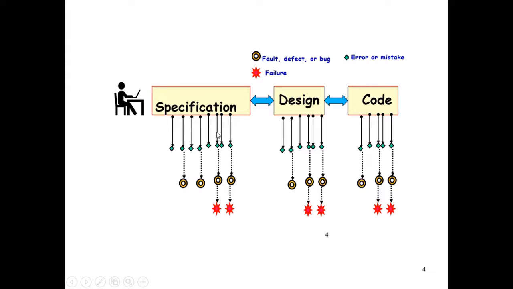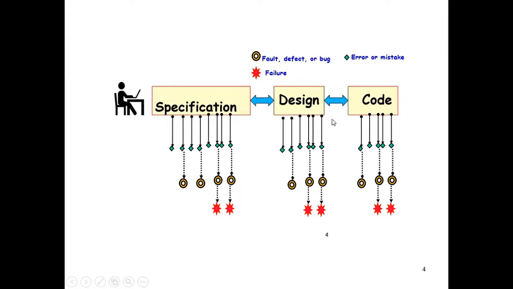Once the error has been inherent in the specification document, it may lead to some defect. All errors may not lead to a defect, and all defects may not lead to a failure. Some errors may lead to a defect and some defects may lead to a failure.